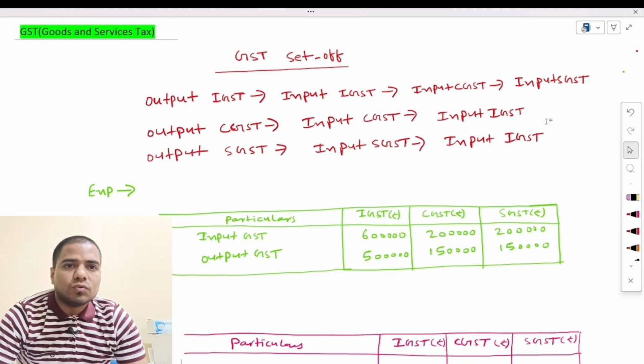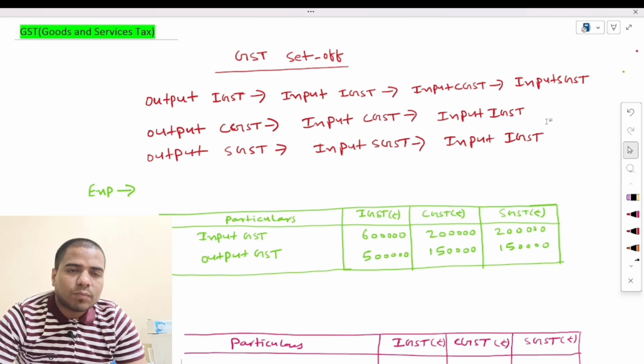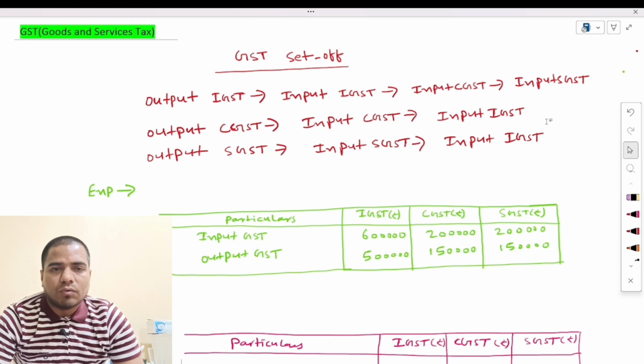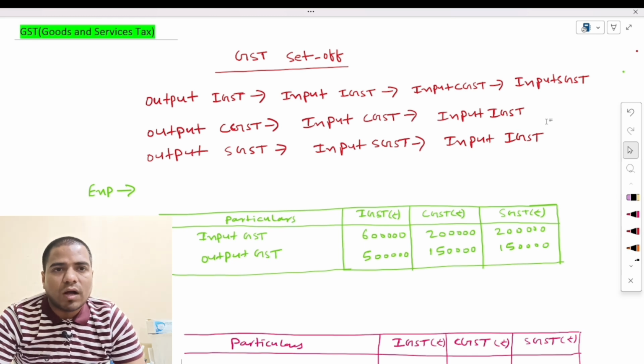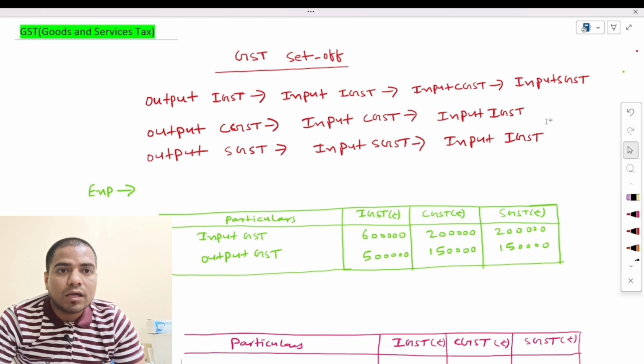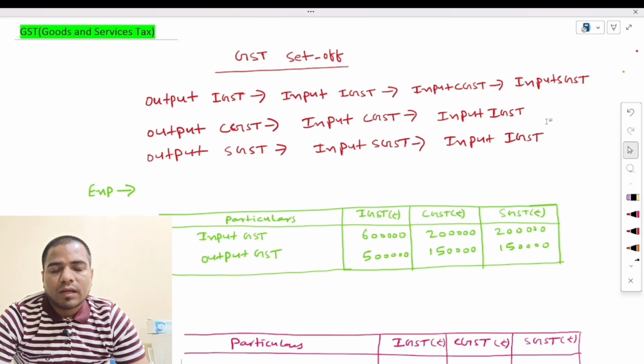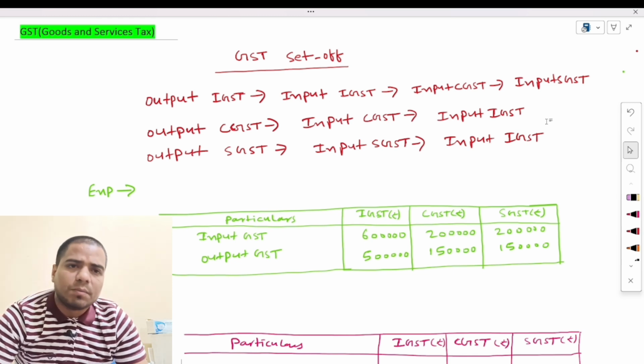Now what we have to do, we have to set off the output GST amount with the input GST amount. It means whatever you have collected from the customer and whatever you had paid to the government, both these amounts will be set off together, and the balance amount may be receivable or it may be payable.